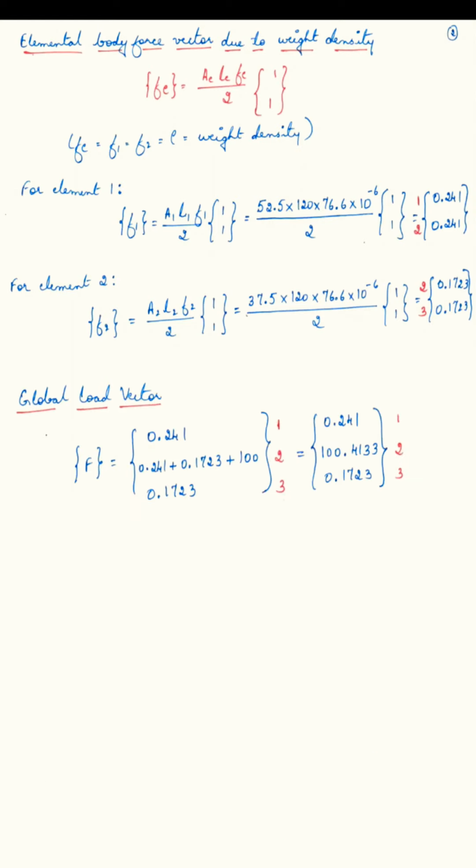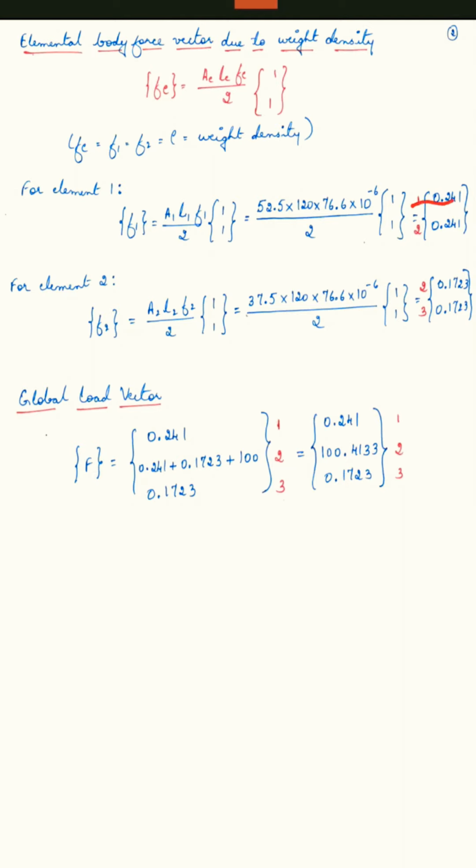Now I will formulate the global force or load vector. The global force vector F is given by F1, F2 and F3. F1 is the force acting at node 1, F2 at node 2, and F3 at node 3. What is F1? Since there is no point load acting at node 1, only the body force at node 1 will be considered, which is 0.241, as we just calculated.